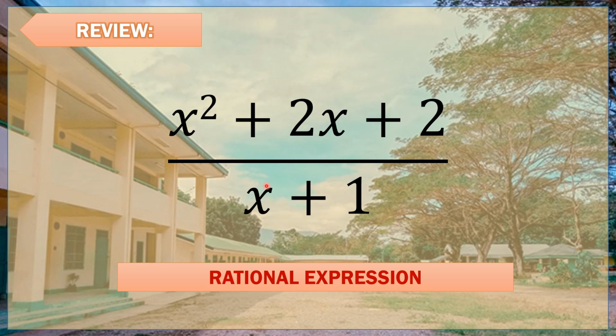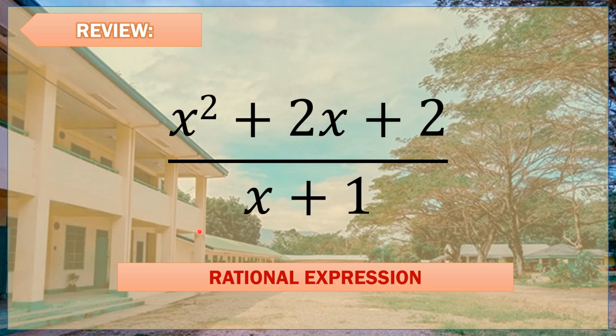And this is in the form of a ratio, because we can write a ratio either with a colon or in fraction form. Those are the two ways of writing a ratio. Baka kasi sabihin nyo sa akin, ma'am, hindi naman po ratio yan, fraction po yan. So we can write a ratio in two ways, either with a colon or in fraction form. So, that is a rational expression.